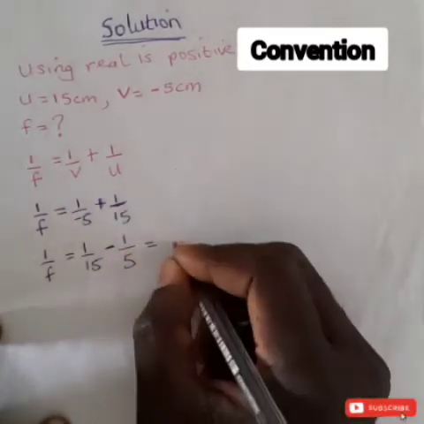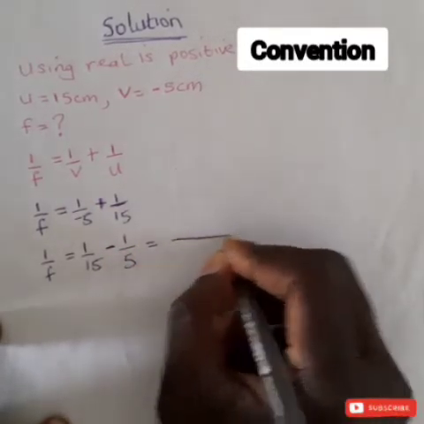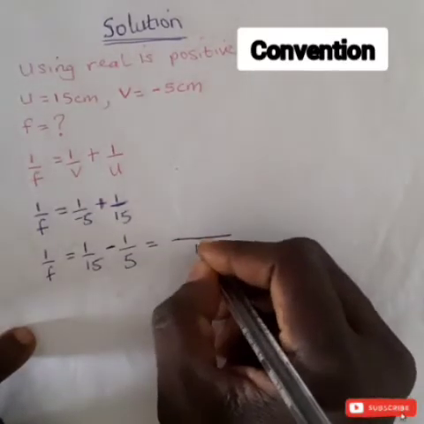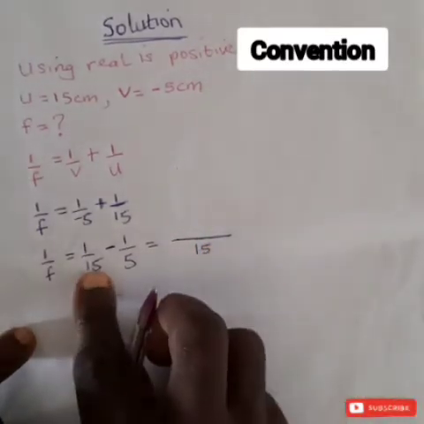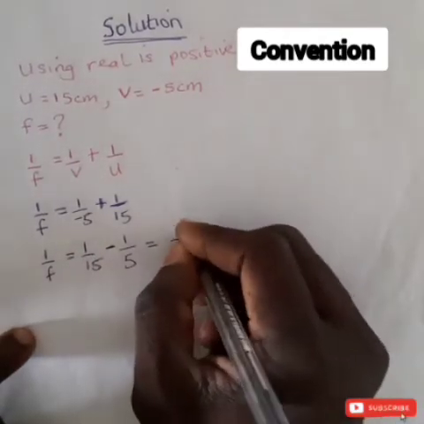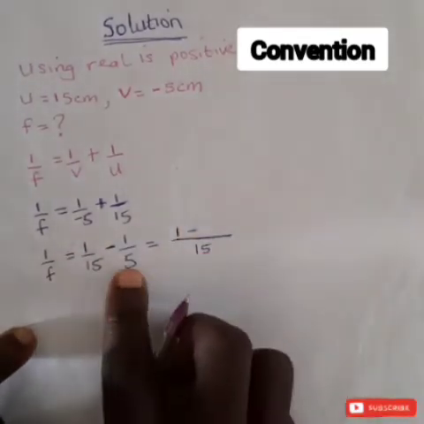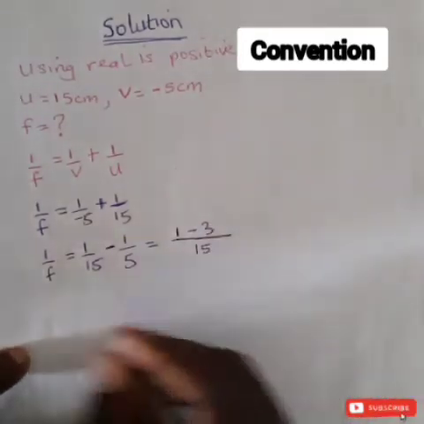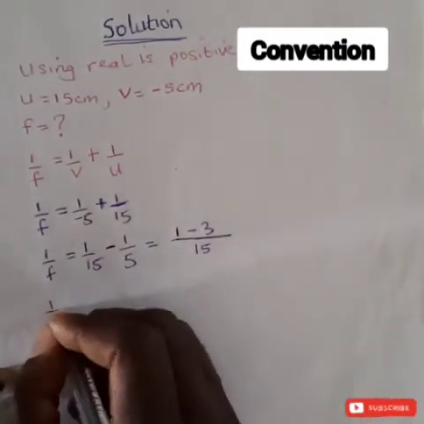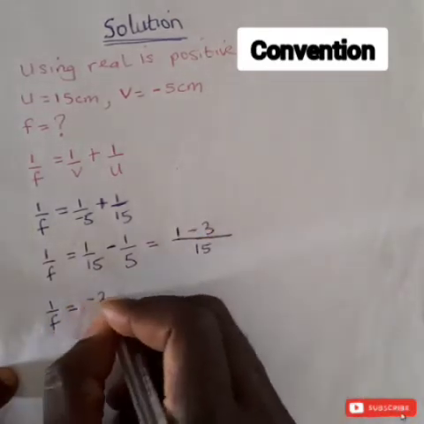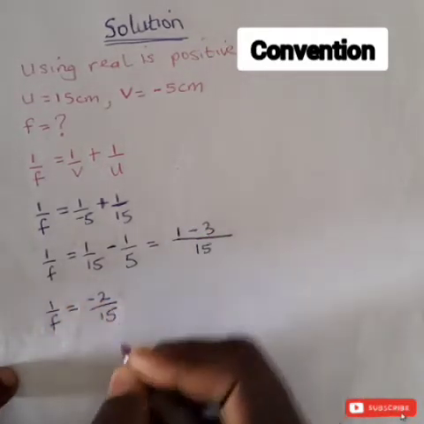So all I just do is to look for the LCM of 15 and 5. The LCM of 15 and 5 is 15. 15 divided by 15 is 1 times 1. That's going to be 1 minus 15 divided by 5 is 3 times 3. So I'm going to have 3. So 1 over f is equal to 1 minus 3. That's minus 2 over 15.